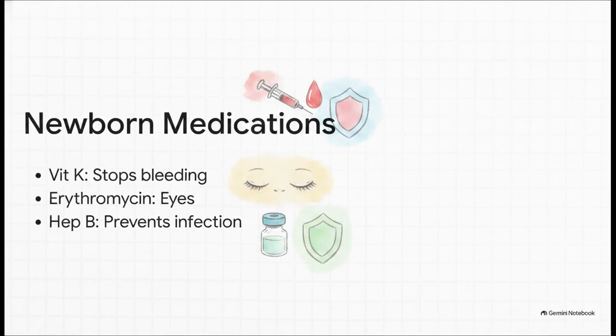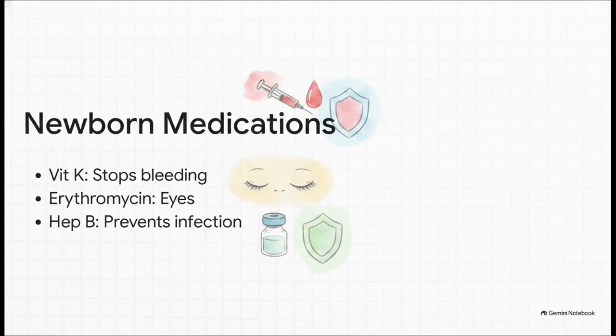Right in the middle of those early transitions, we also give some specific routine medications. Let's look at the why for each of them. We do an IM injection of vitamin K right after birth. Why? Because newborns have incredibly low stores of it, and their brand new immature systems desperately need vitamin K to make essential clotting factors. So in your head, vitamin K equals bleeding prevention.